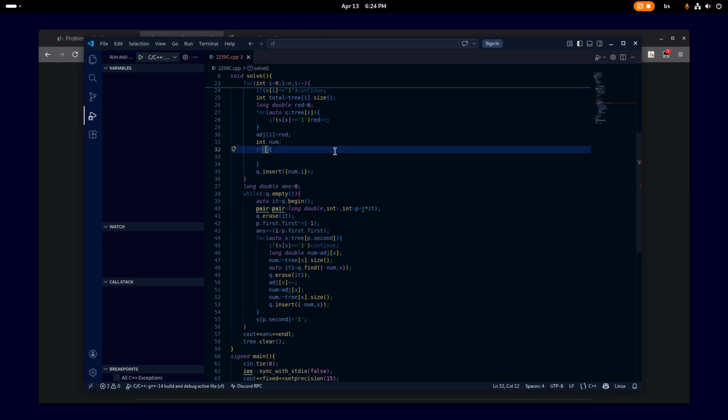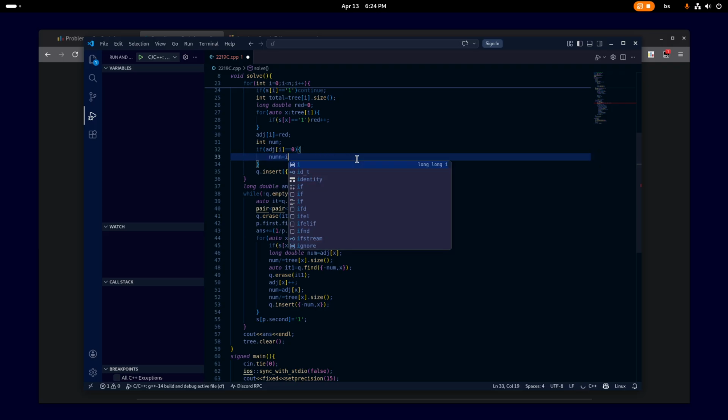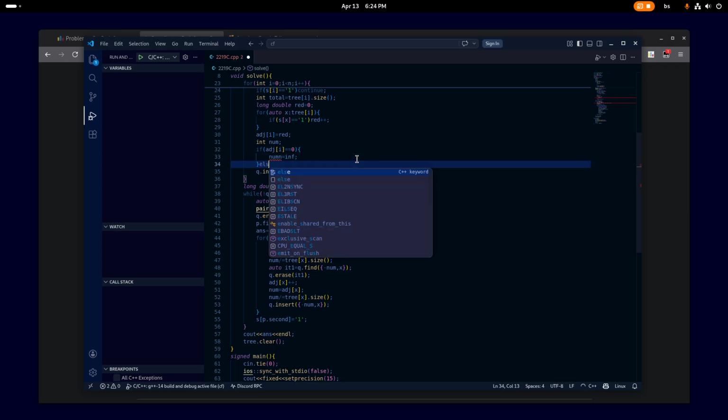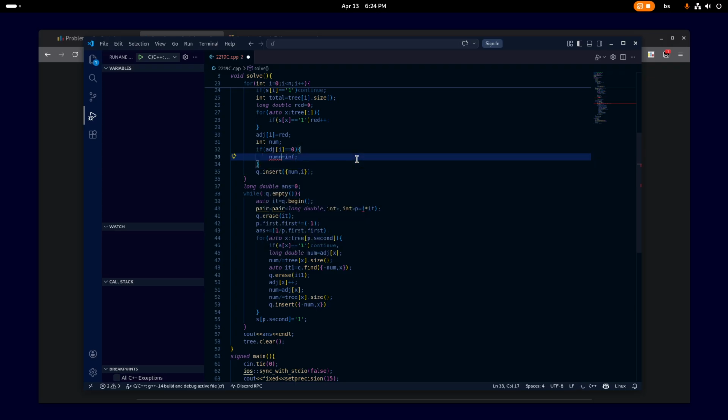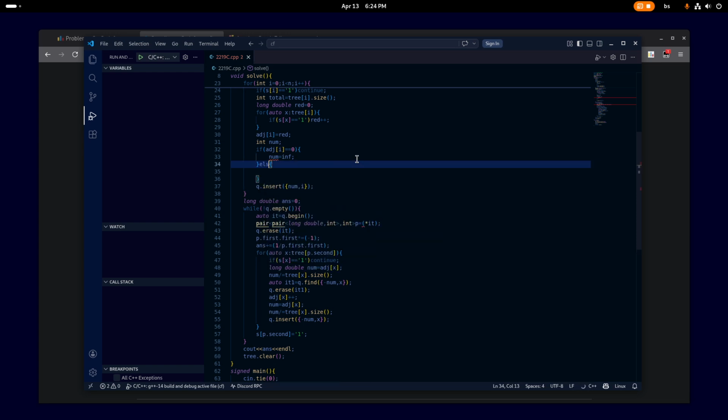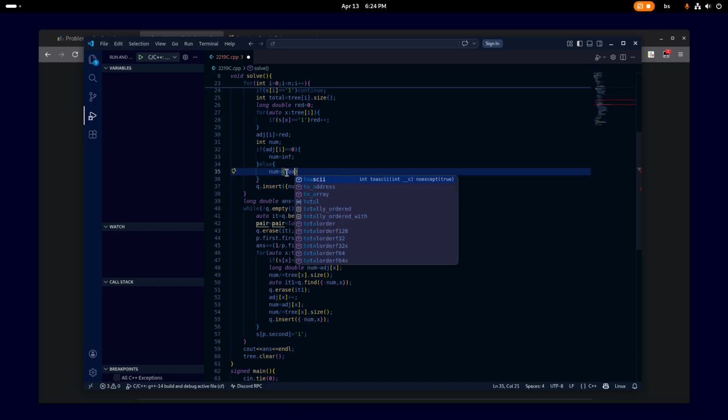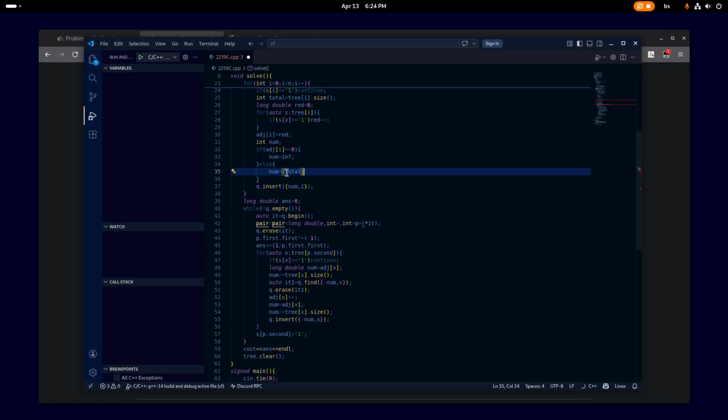Okay, so if the adjacent number is 0, then we'll put that number equal to infinity, and else I'll put number equal to total divided by red times red plus 1.